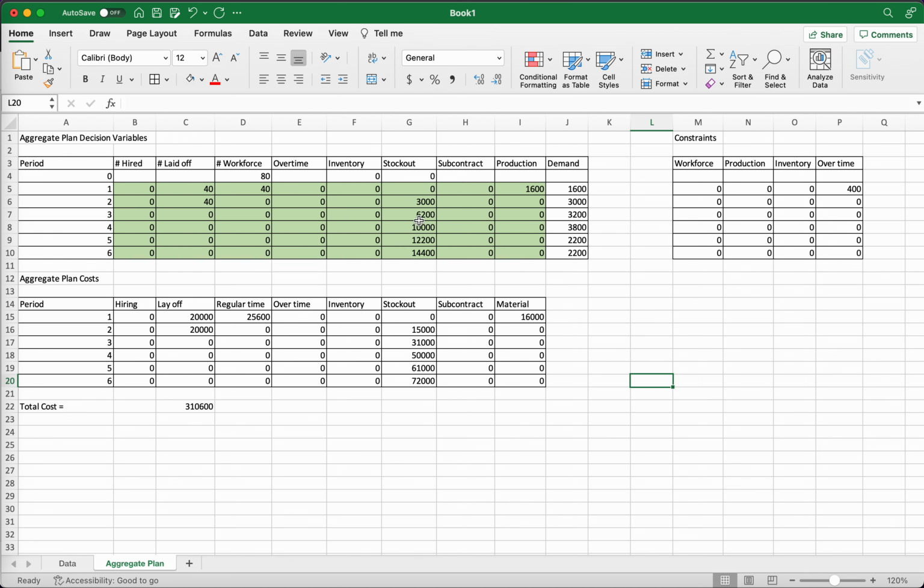You'll notice that there is a significant amount of stock out cost. I think we missed a constraint, but I'll take a look at that. But this is how you set up the aggregate plan.